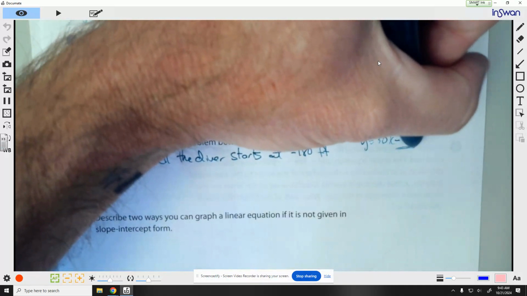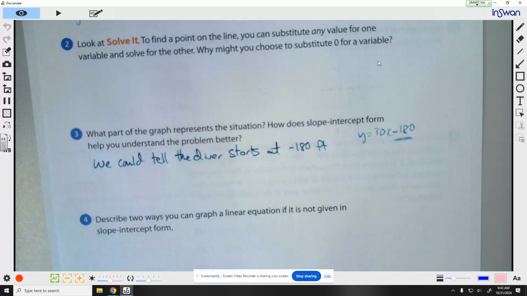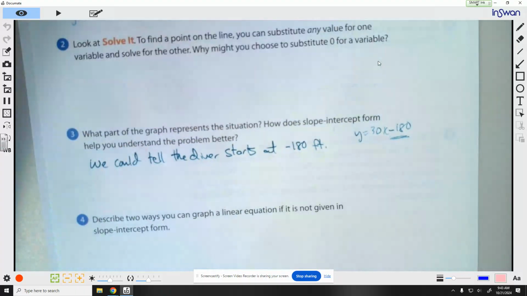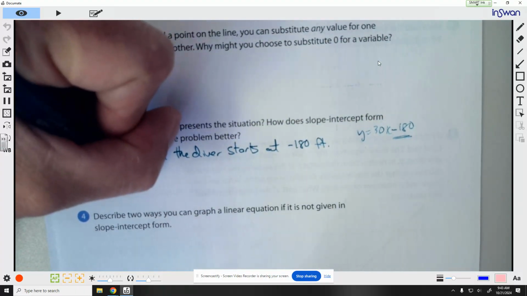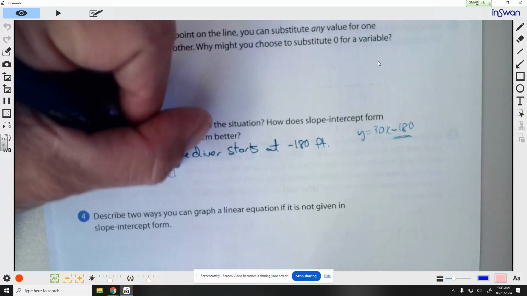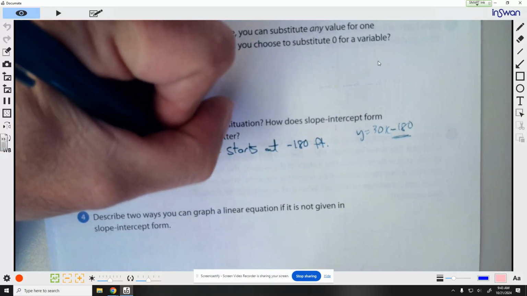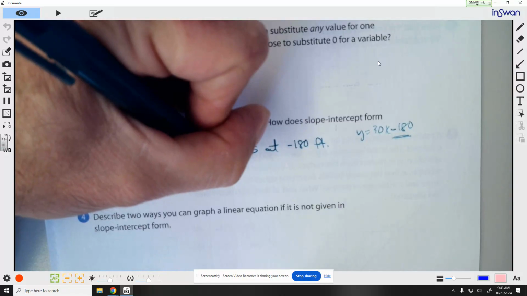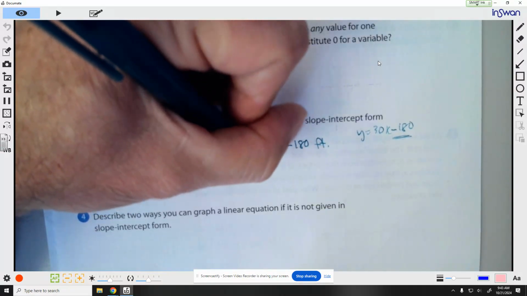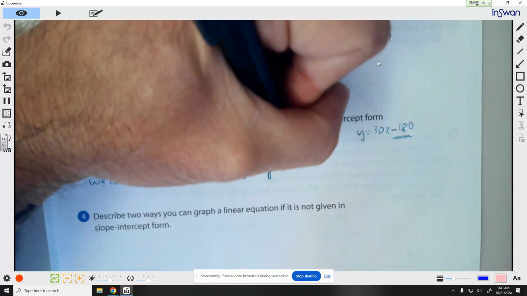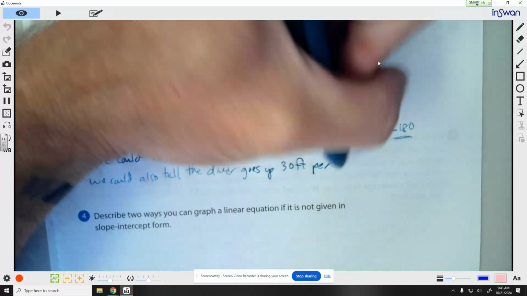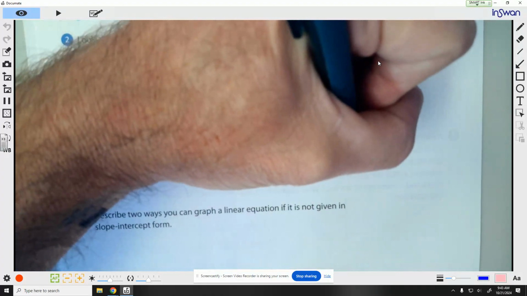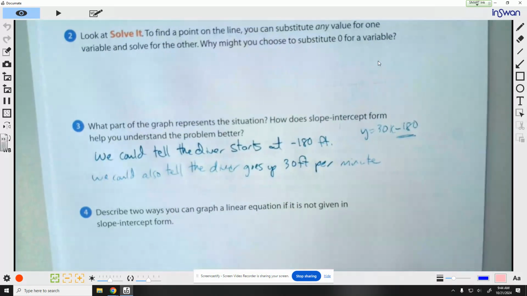So that negative 180, that's our starting point. Okay, so that's easy to tell. We could also tell the diver goes up 30 feet per minute.